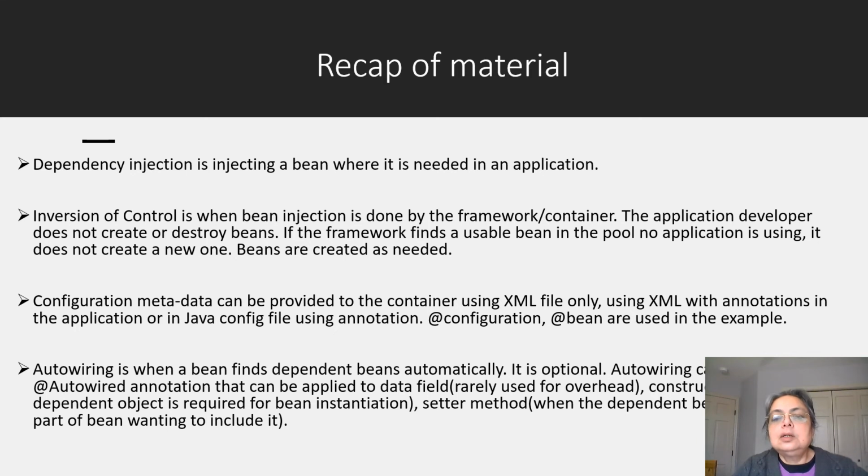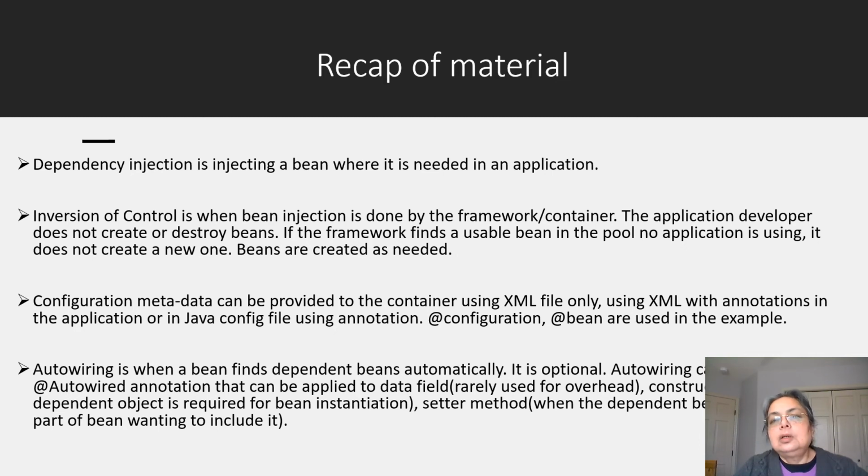When the container does the dependency injection, it's inversion of control because the application is not doing it by itself, it's letting the container do it for them, and that's inverting the control because traditionally the application programmer used to control creation, maintenance, and destruction of objects.